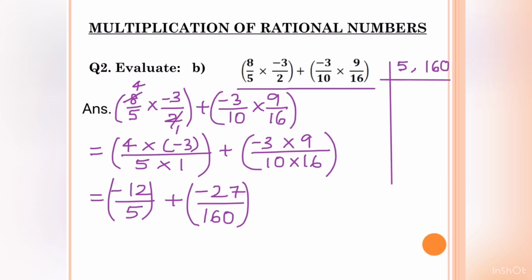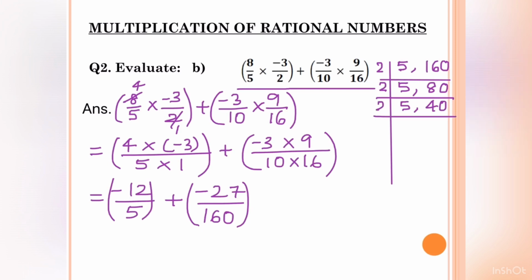So let's find the LCM of 5 and 160. 160 is divisible by 2, so let's divide it by 2. 5 will write as it is, because 5 is not divisible by 2. So 2 times 80 gives 160. Now again we can divide it by 2. 5 will write as it is. 2 times 40 gives 80.